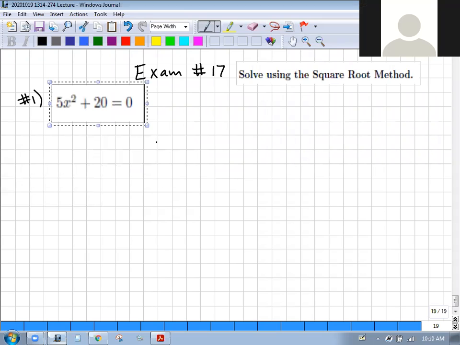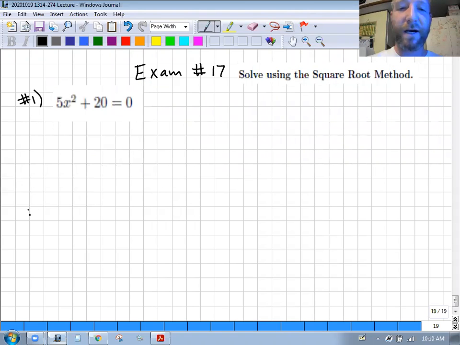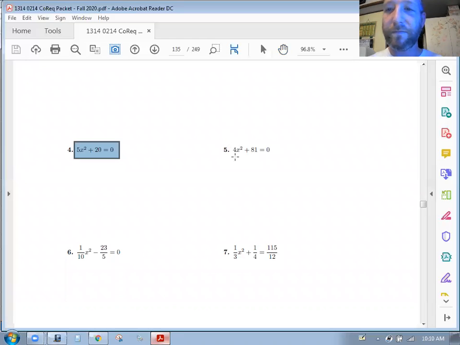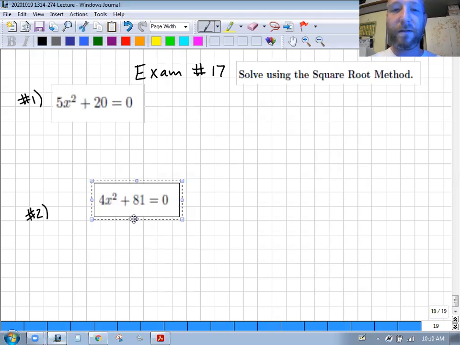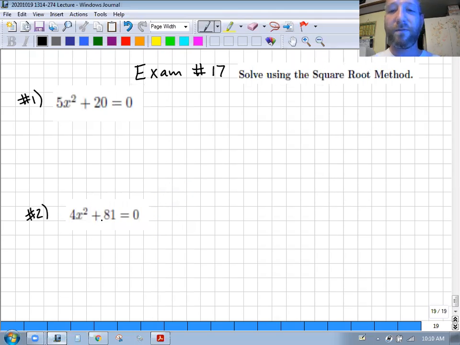Make sure you watch out for the i's, right? The square root of a minus 1. Because with these, if you subtract this 81 from both sides, you're going to get a negative 81.